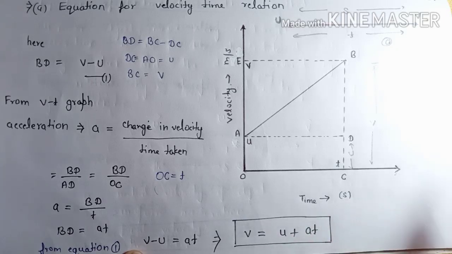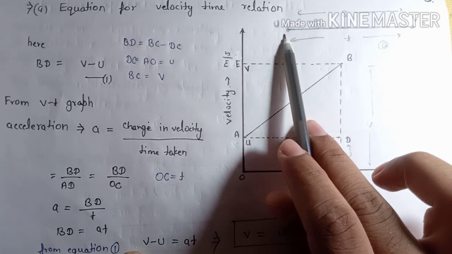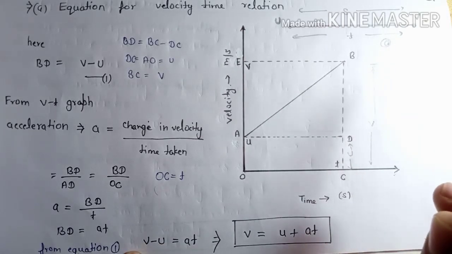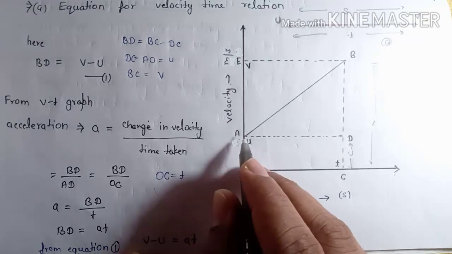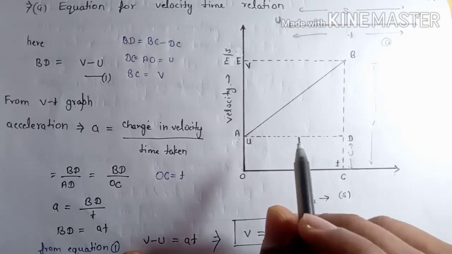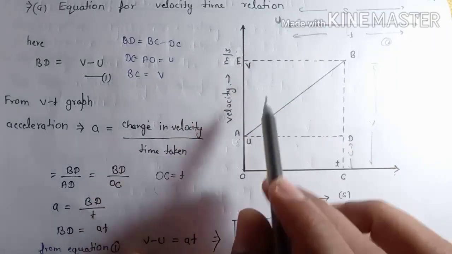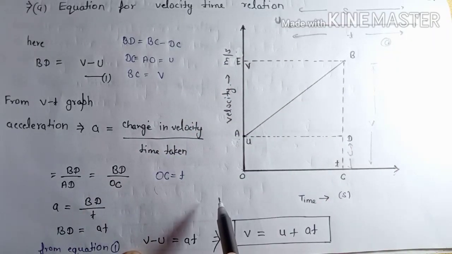And in this question it is given that the initial velocity that we have considered is u. At the instant when we start counting our time, when time is 0, if initial velocity is 0 you would start from here, but you can see that initial velocity is u, so select u here.